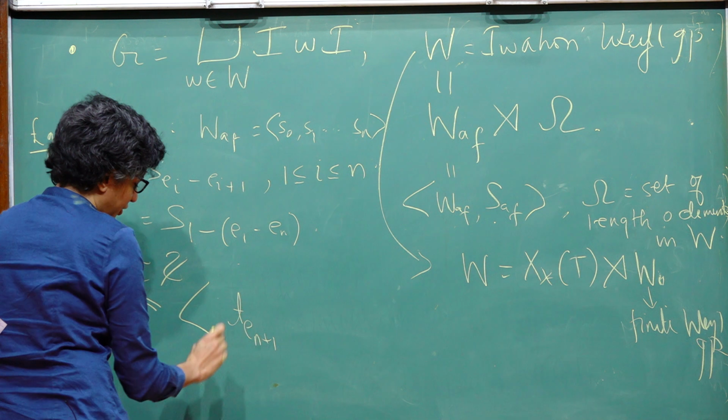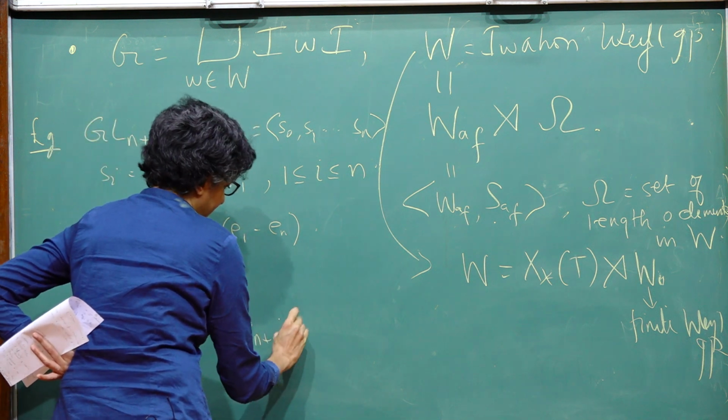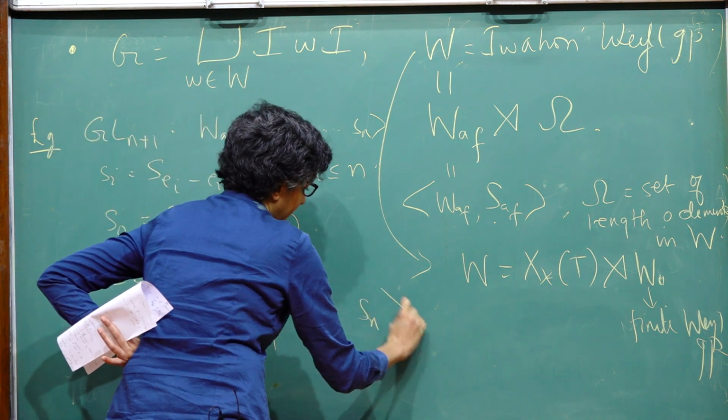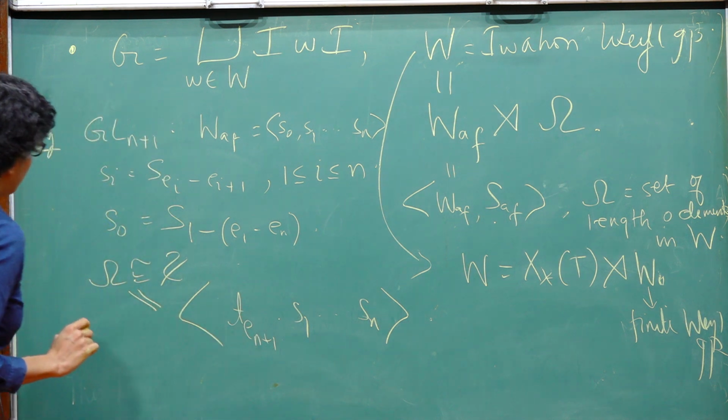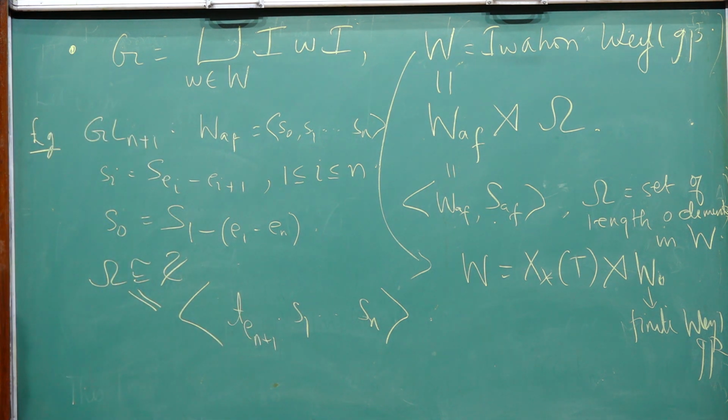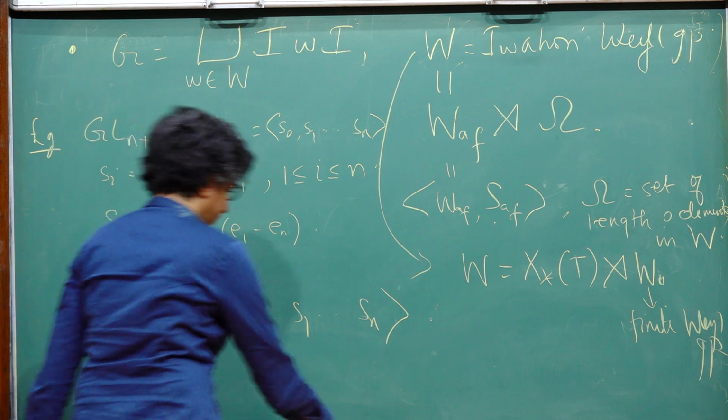This is the translation, and times S1 through Sn. This is how it looks for GLn+1.